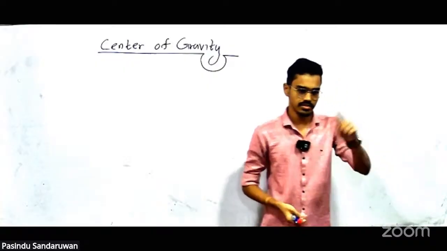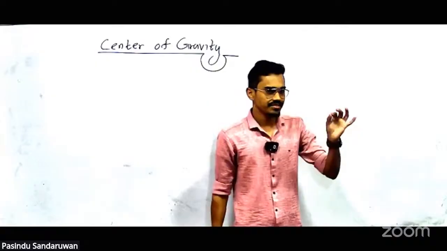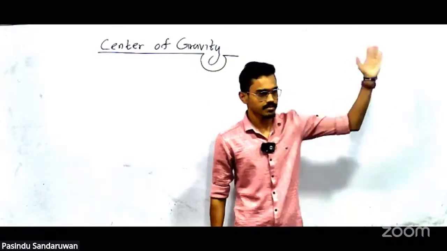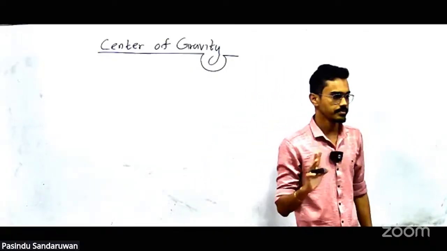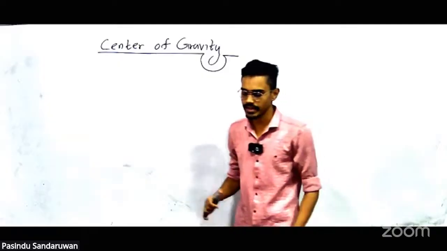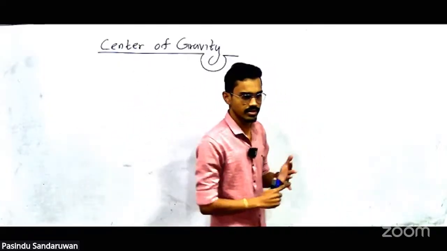That point is called center of gravity. So, starting from a particle to any massive object, there is a center of gravity. For a given object, there is only one center of gravity at a time. Center of gravity changes if mass changes only.